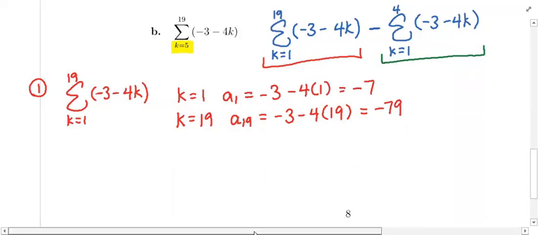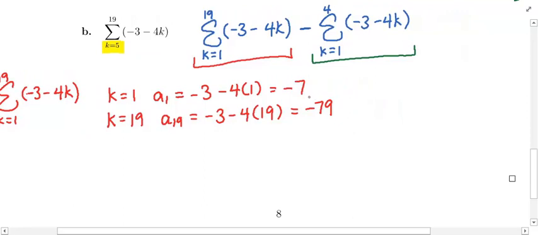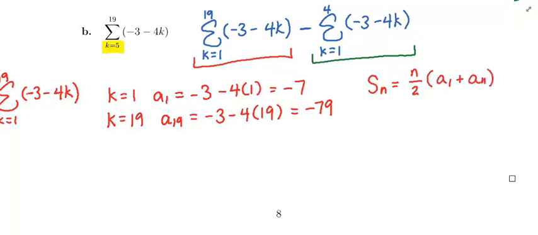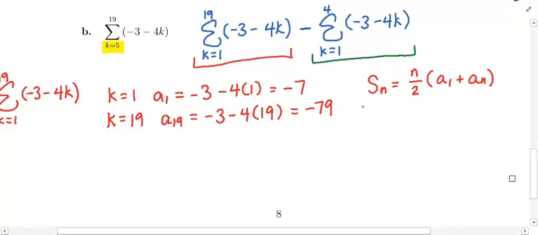All right. So since we have these 2 pieces of information, we can plug into this formula. Sn is going to be n divided by 2 times a1 plus an. Applying this to S19. Why S19?